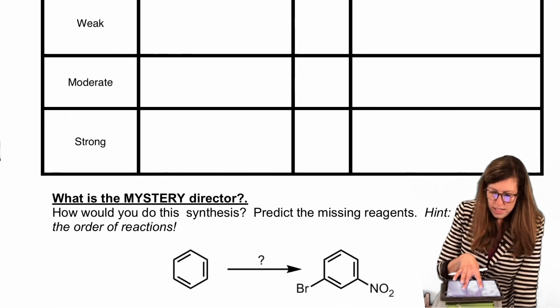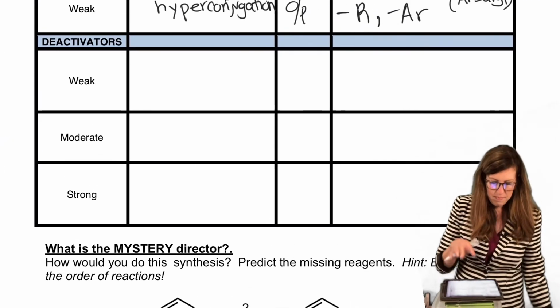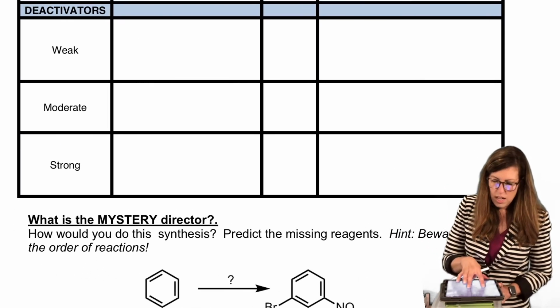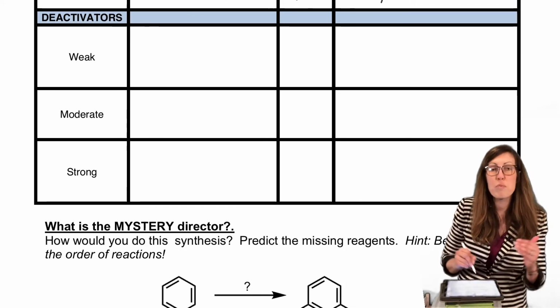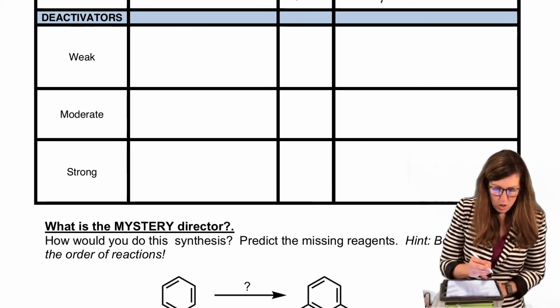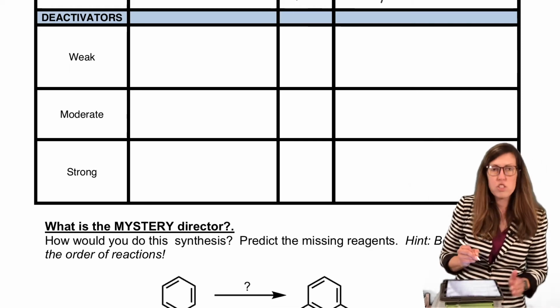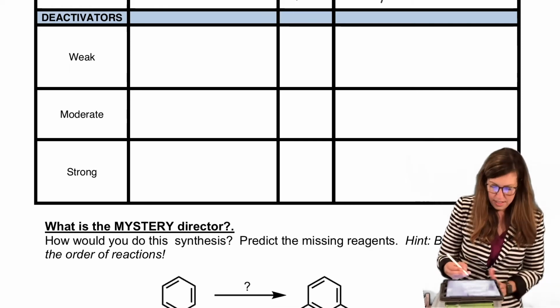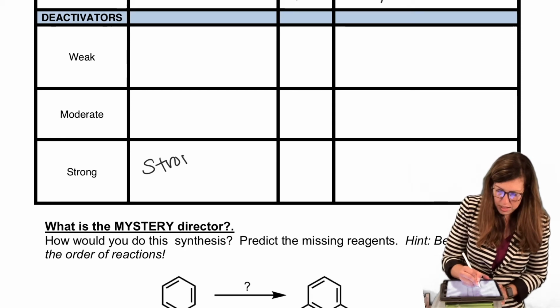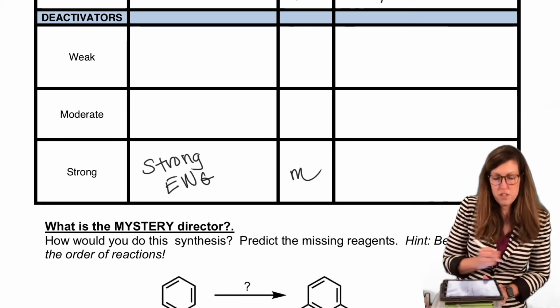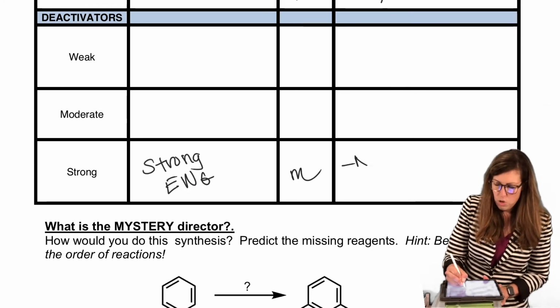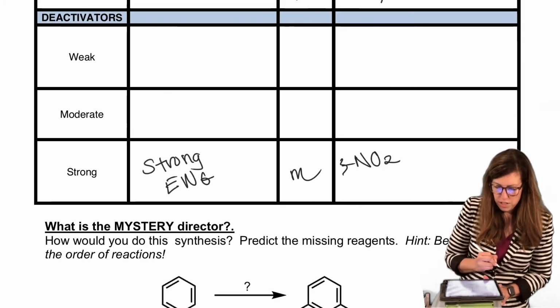Let's take a look at what it takes to be deactivating. I'm going to actually work at the bottom, because the extremes are the most obvious. So strongly deactivating, slows down the reaction significantly, is something that's a strong electron withdrawing group. It's going to be a meta-director, and that would be our friend the nitro group we just used.